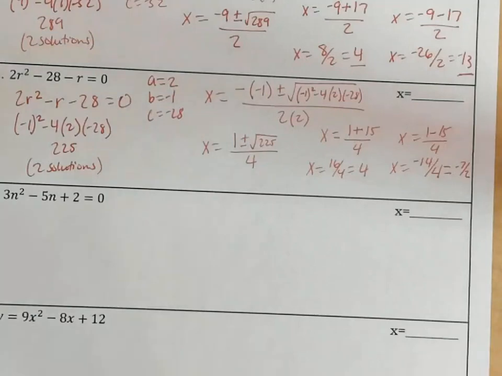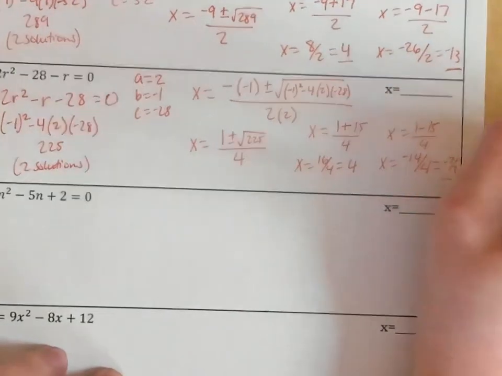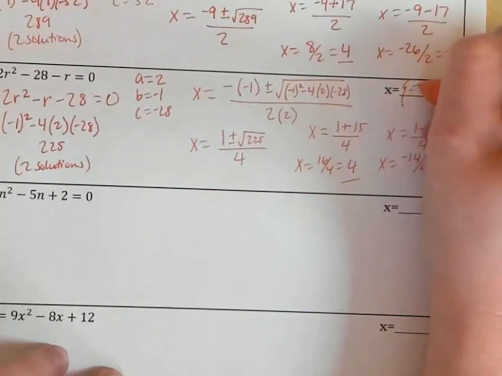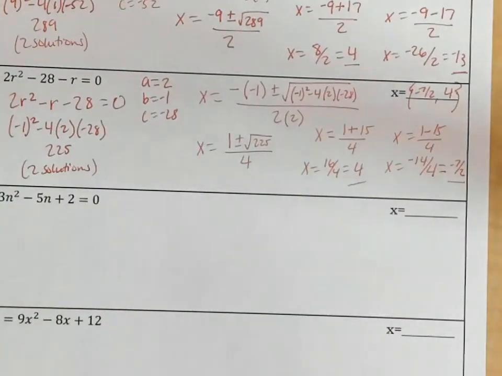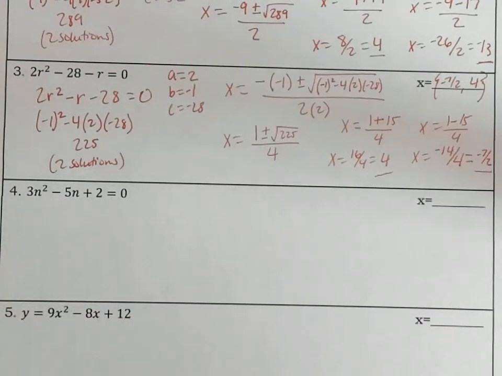This one, decimal or fraction, you'd have an accurate answer. I just want to make sure that I stay consistent. So I'm going to do my x is equal to this negative 7 halves and a positive 4. And so that's where my graph is going to cross the x-axis for this particular function.